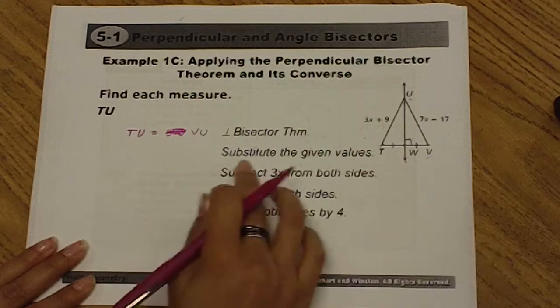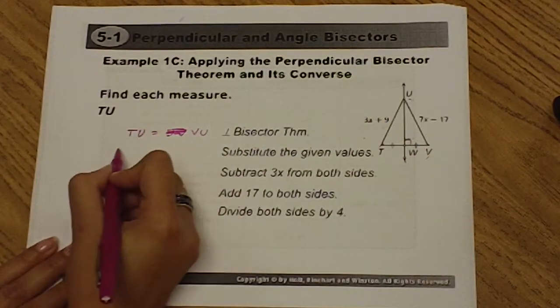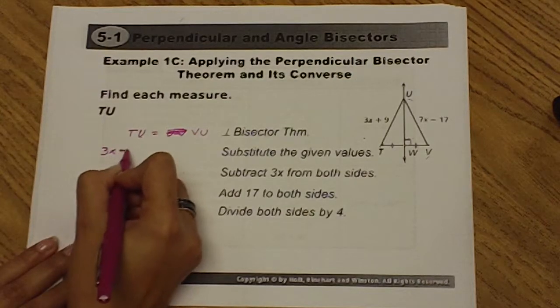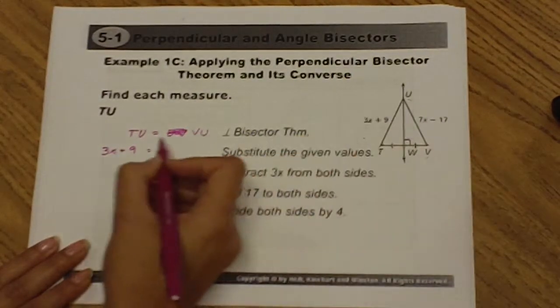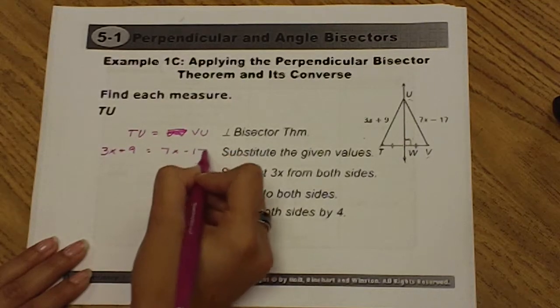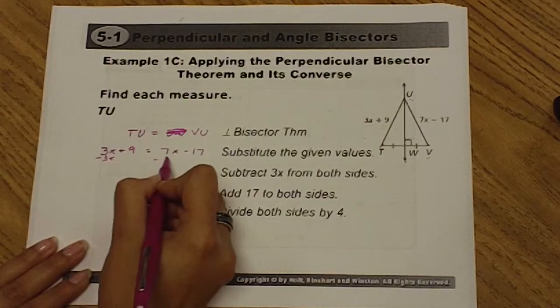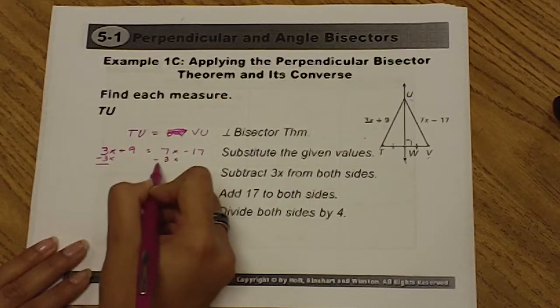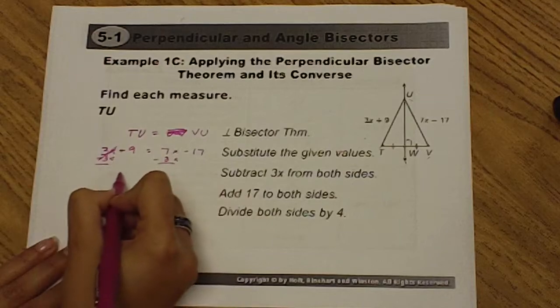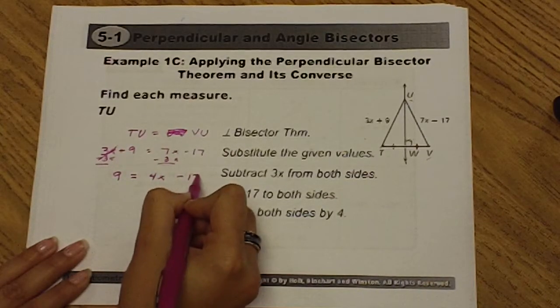VU. All right, then we need to substitute the values. So I have 3x plus 9 is TU, and 7x minus 17 is VU. Then we need to subtract 3x from both sides. That's gone. I end up getting 9 equals 4x minus 17.